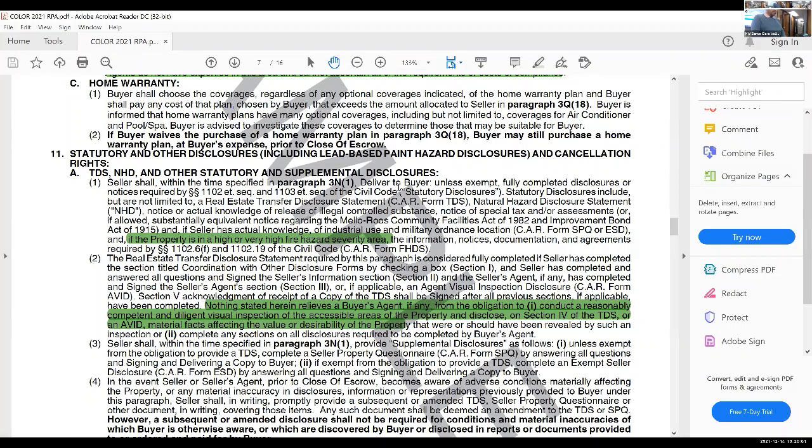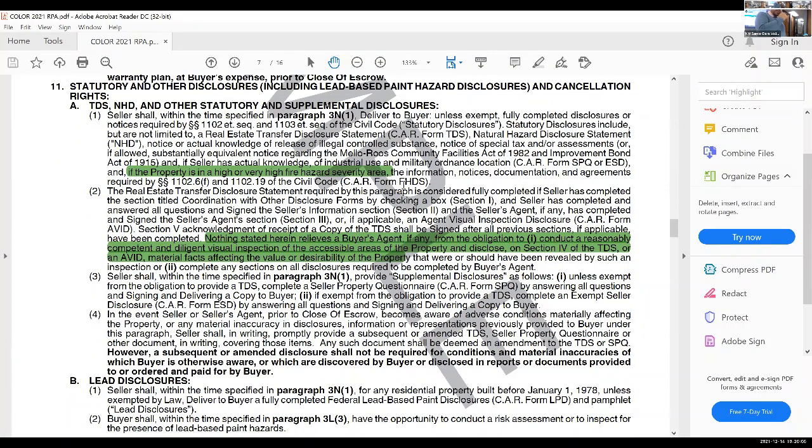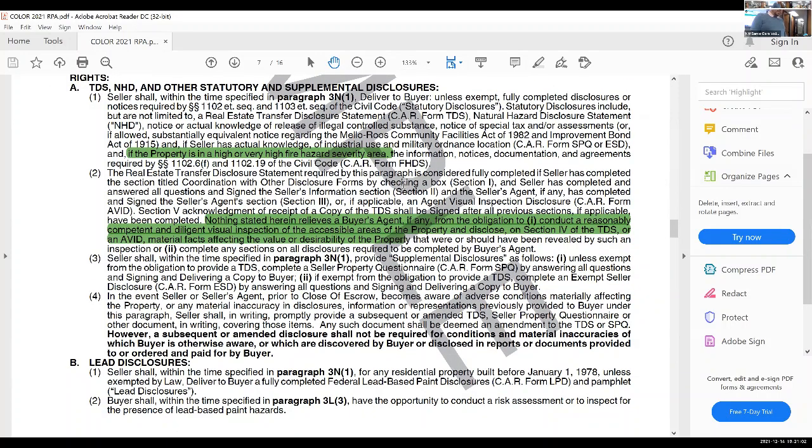Section 11 has to deal with the inspections, disclosures, and what the seller needs to provide to the buyer. Right, the seller must provide a transfer disclosure statement, natural hazard disclosure, and other statutory and supplemental disclosures.